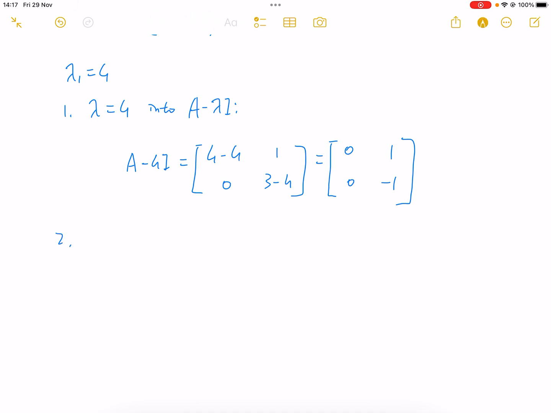Then we solve A minus 4I times v equals 0.